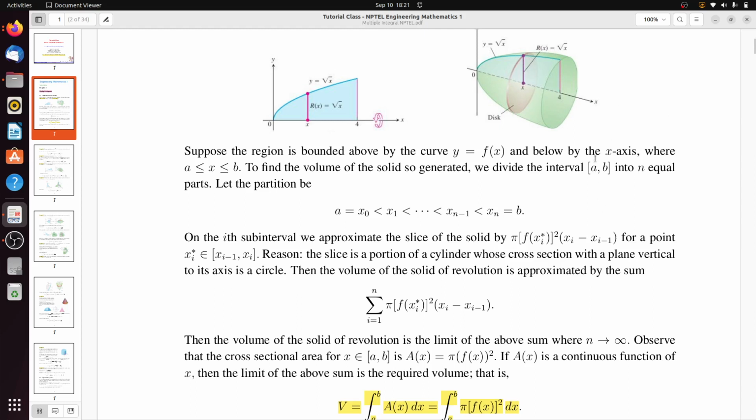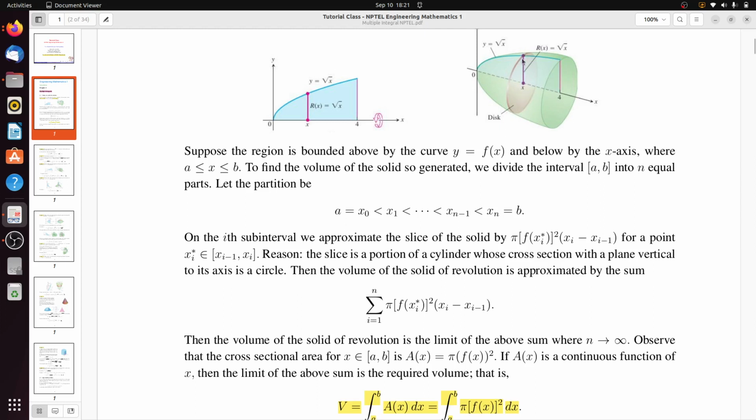The volume of a disk is pi r square h. How? It is actually a cylinder type of shape, right? So its base area is pi r square and its height is h.